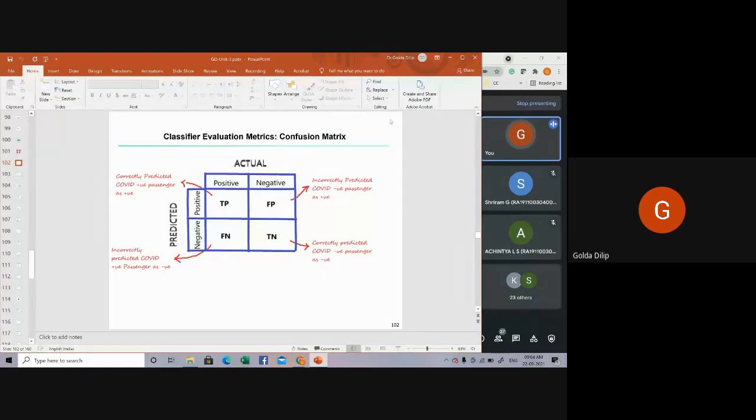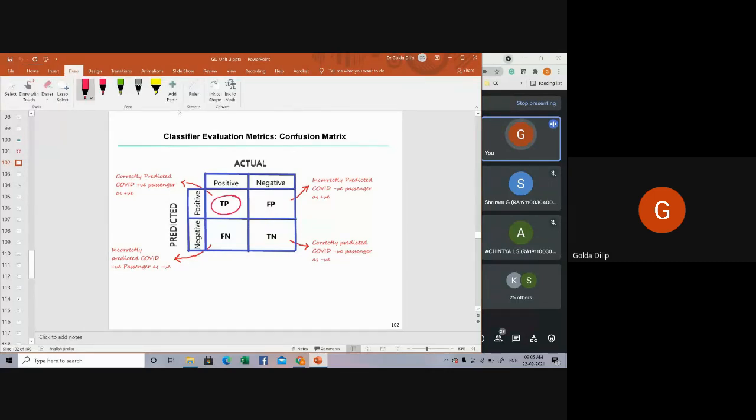These are the things which will help us understand the accuracy of our classifier. When we speak about accuracy, we concentrate on the true positive and true negative cases, the two correct predictions.